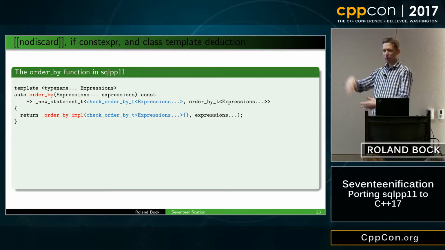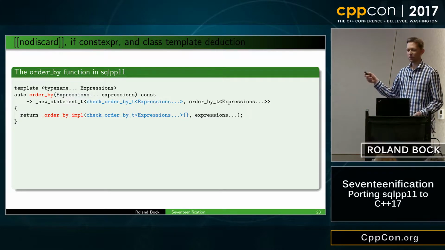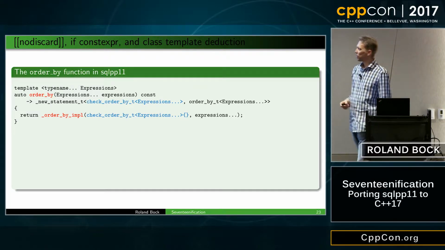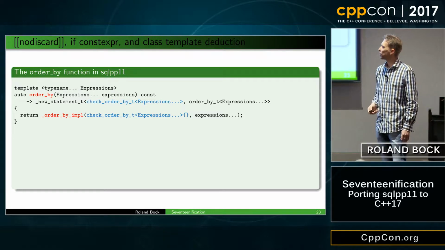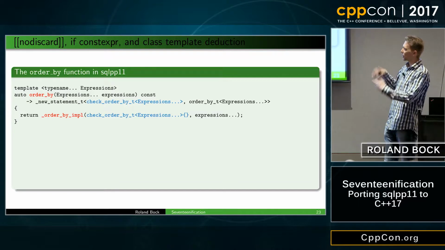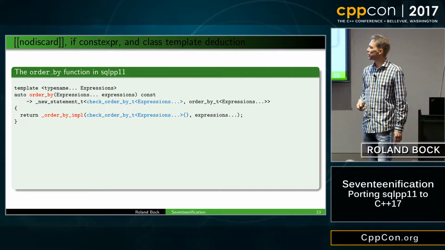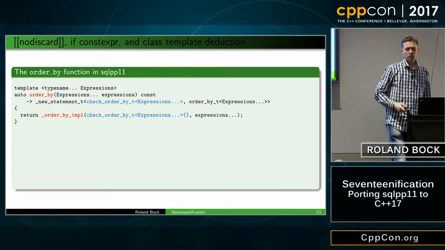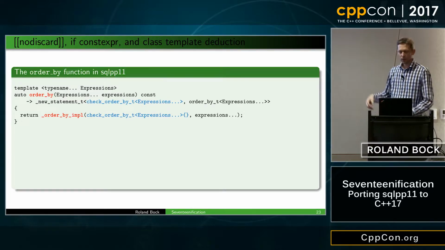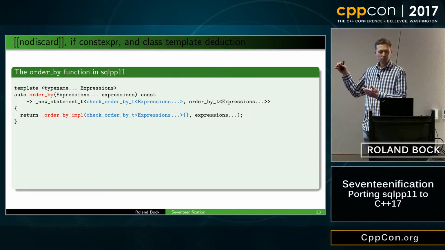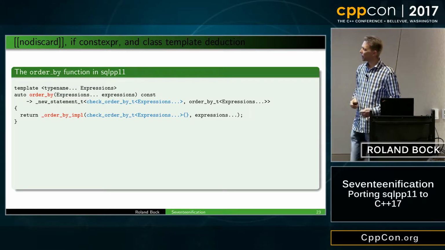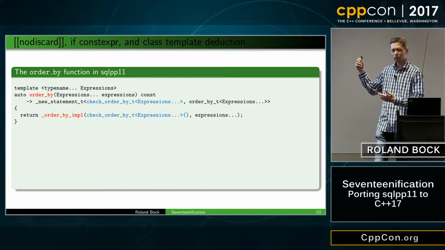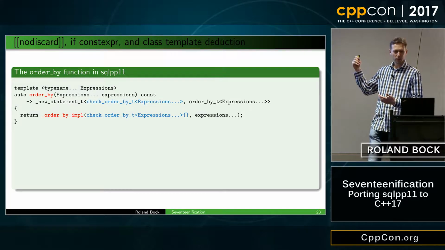Cool. So before we look at everything that has changed, let's first see how it's currently implemented in C++11. So you have this order_by function. It's a member function of a clause, which is then the base class of a statement. The member function takes a bunch of expressions, right? And then it has a return type that depends on this check_order_by thingy that basically returns whether the expressions are reasonable for order_by or not.